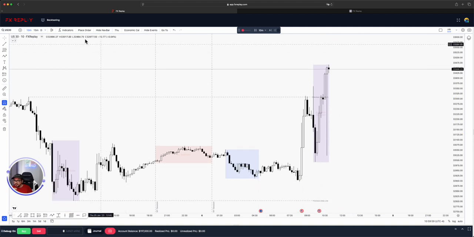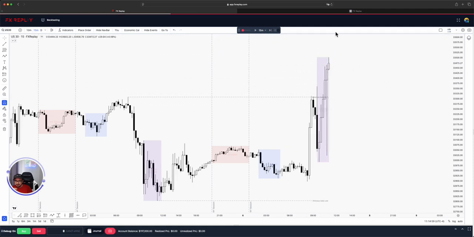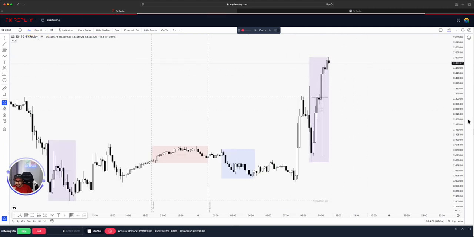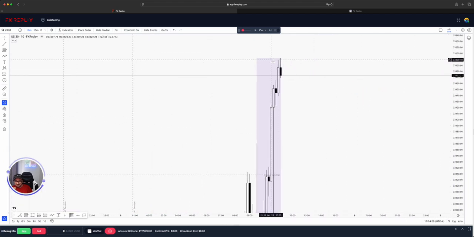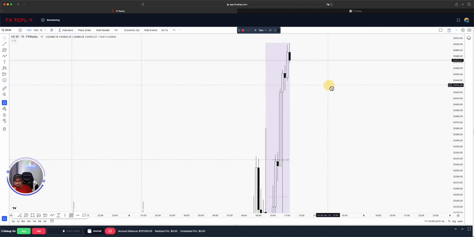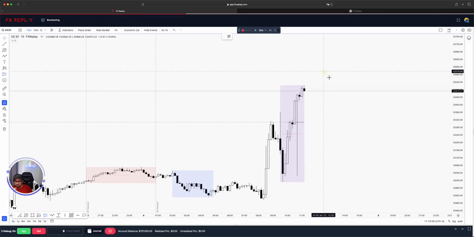So what I would do is wait for an M15 to end up forming. So M15 had a bullish shift again. So here we are probably getting another candle which has swept the previous candle's high and closed lower. So here I would take a sell stop order.